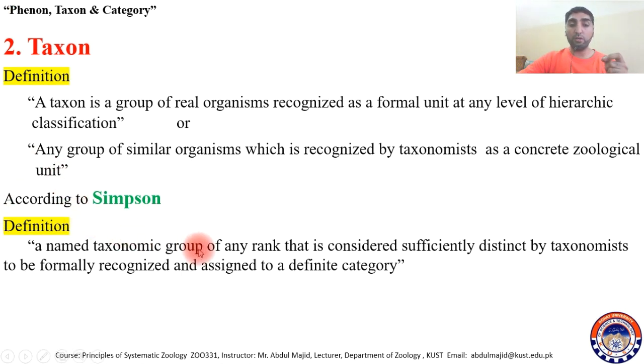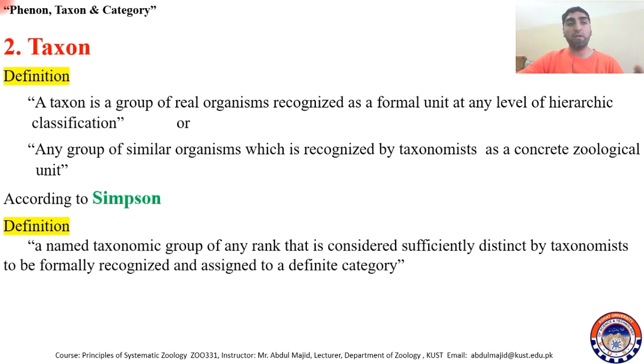So a taxonomic group is a group which is sufficiently distinct from other groups. Now mammals are very different from birds, and birds are very different from fishes. So taxonomists formally recognized them. For example, all fishes are recognized as different from the rest of the animals, and they are placed in a different category, like Pisces. And birds are placed in their own category.